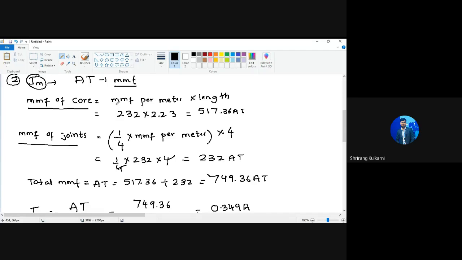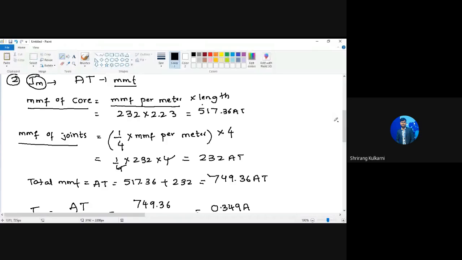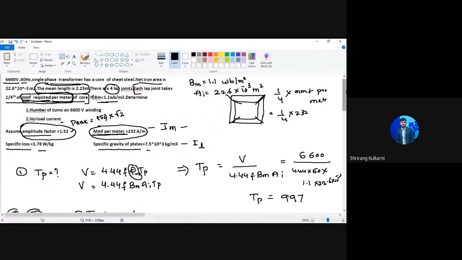In the given problem, the MMF per meter is mentioned, into length also mentioned. So core, as per the given data, what they have mentioned is that MMF of joints.